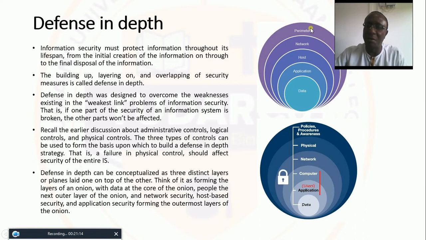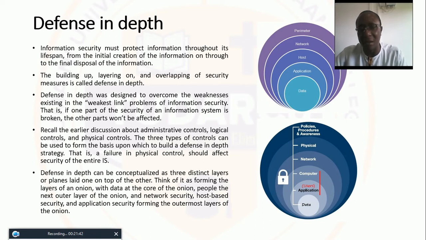For a hacker or an attacker to reach this data, they have to break all of these protections. That is the idea behind defense in-depth, and it is an idea which we normally advise information security officers to implement in their organization.